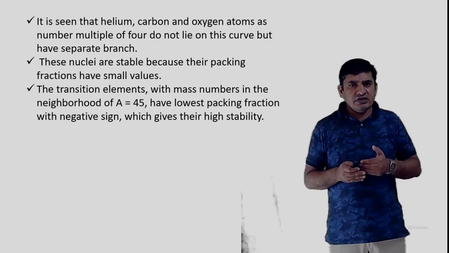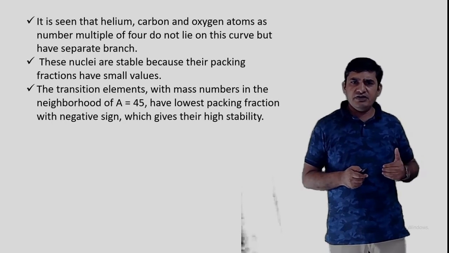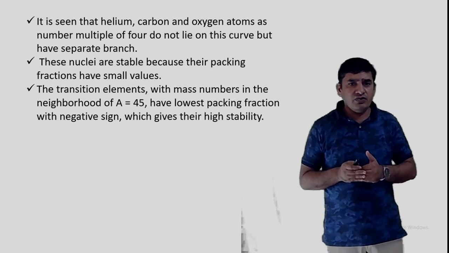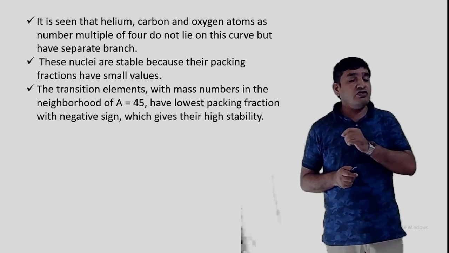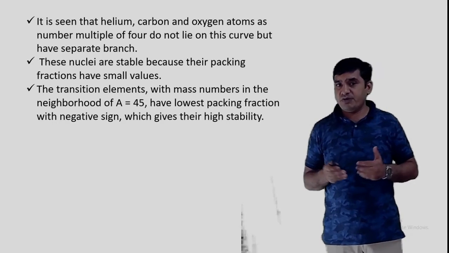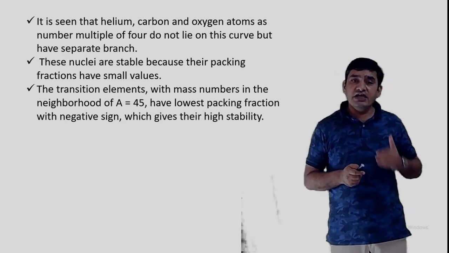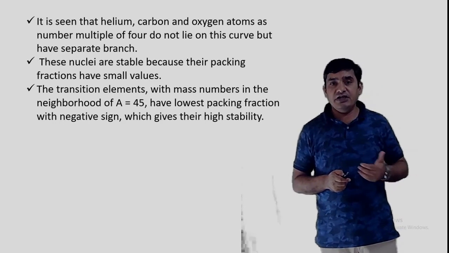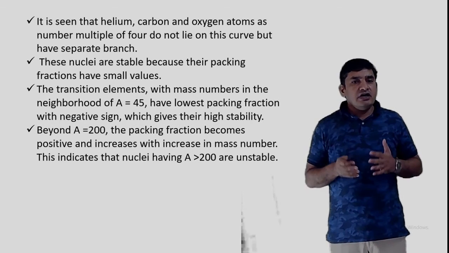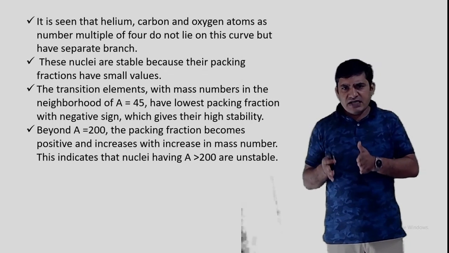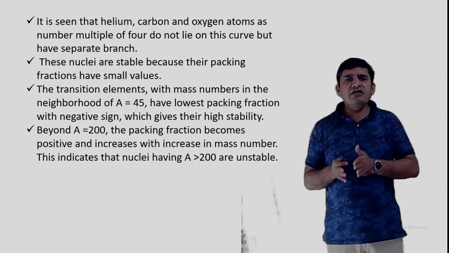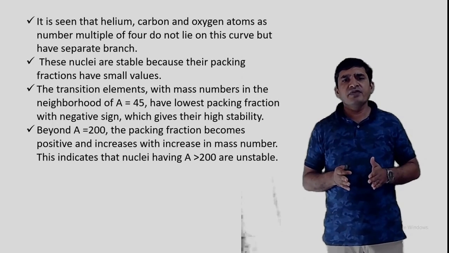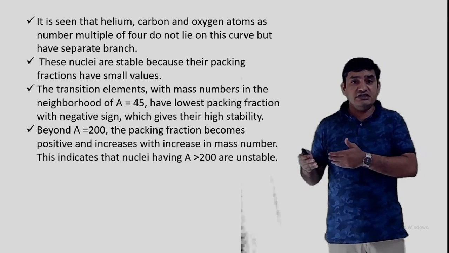The transition elements with mass number in the neighborhood of A equal to 45 have the lowest packing fraction with negative sign, which gives them high stability. Beyond mass number 200, the packing fraction becomes positive and increases with increase in mass number.